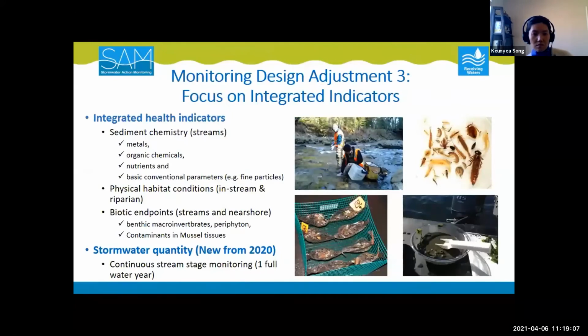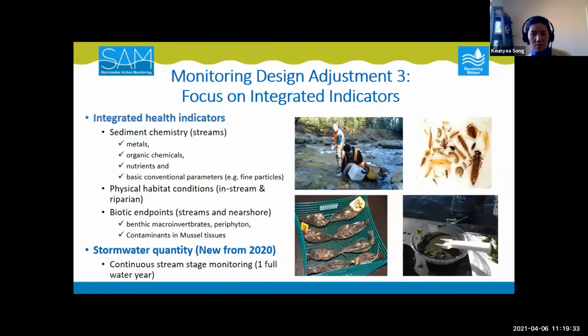We also reviewed the parameters and made some changes. In the 2015 stream study, many of the stormwater-related pollutants were non-detected in water samples. So we are going to drop the monthly water sampling and only focus on integrated indicators like sediment chemistries and biotic endpoints.